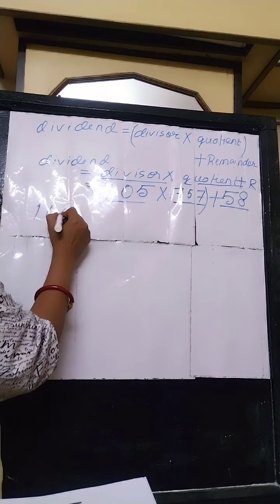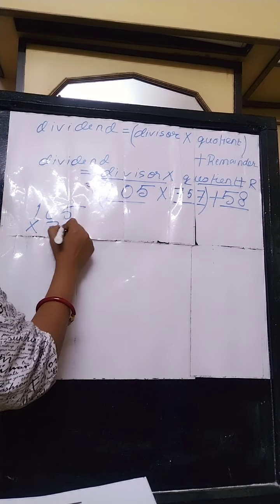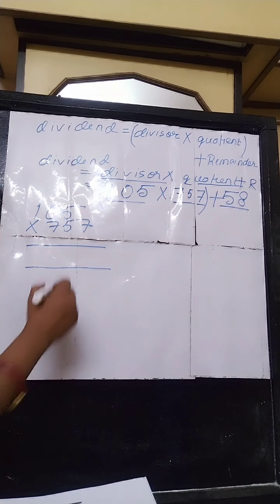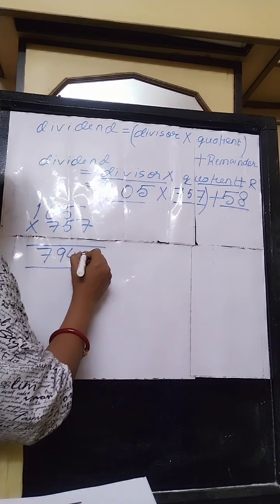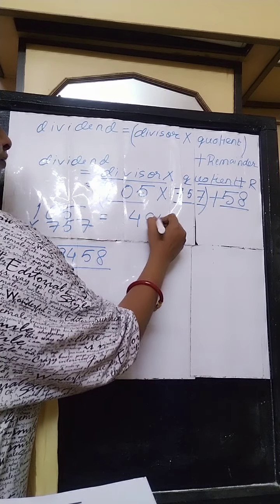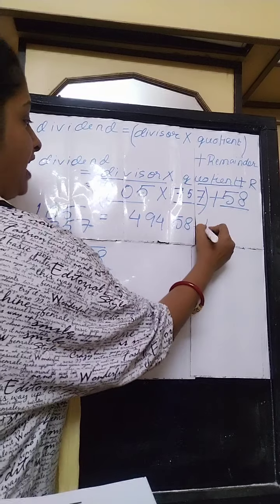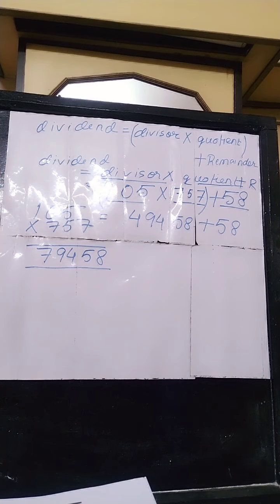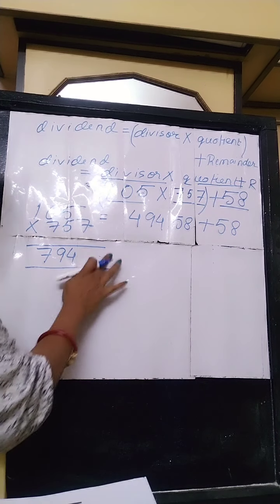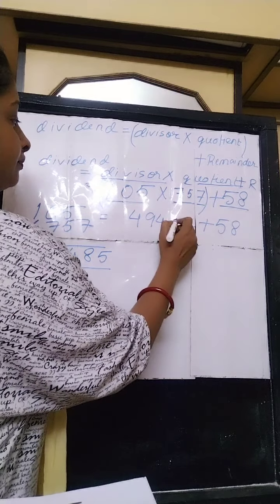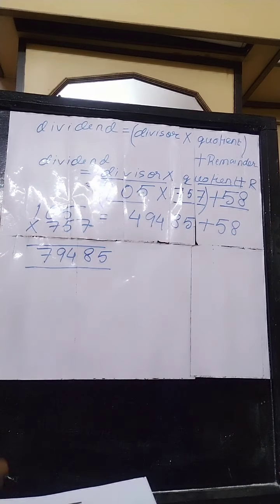So 105 into 757 gives you 79458. With this 79458, you have to add the 58 remainder.